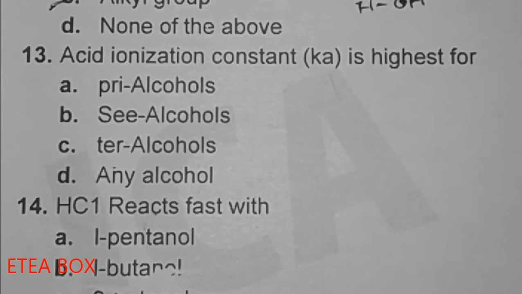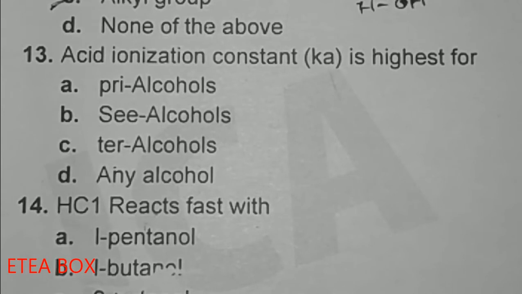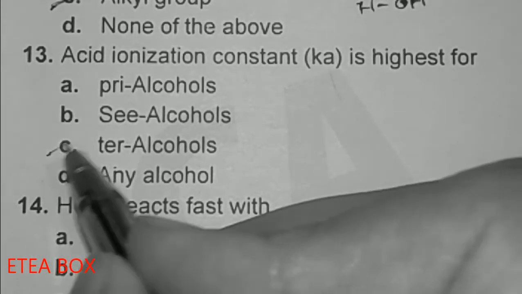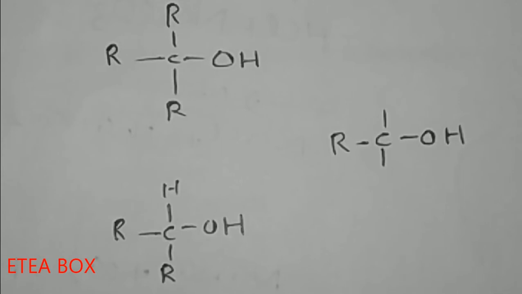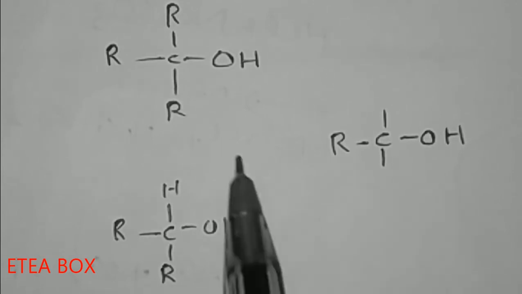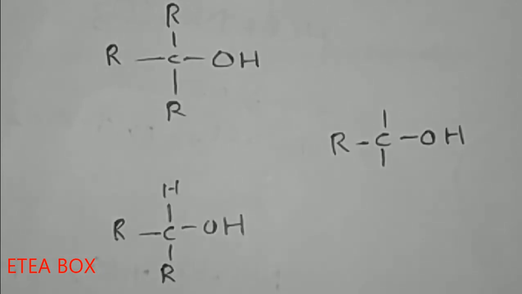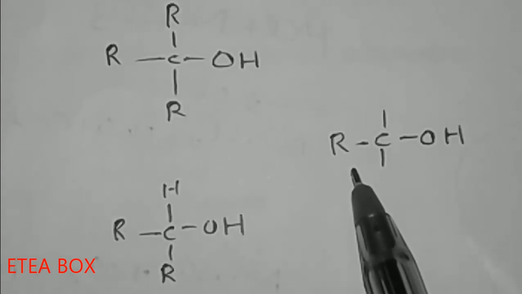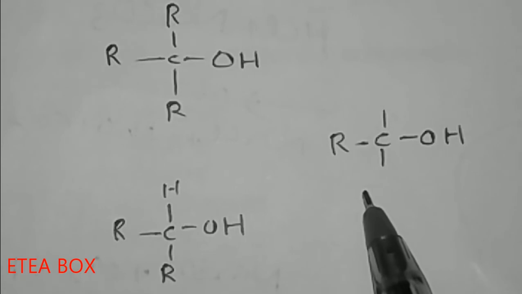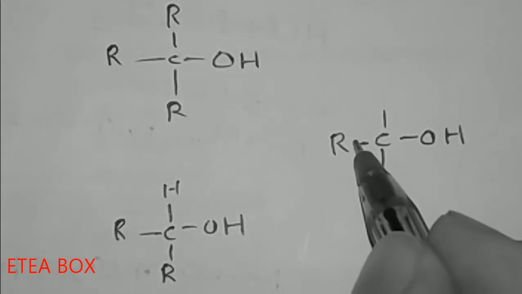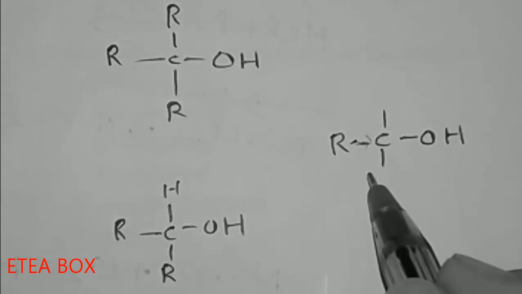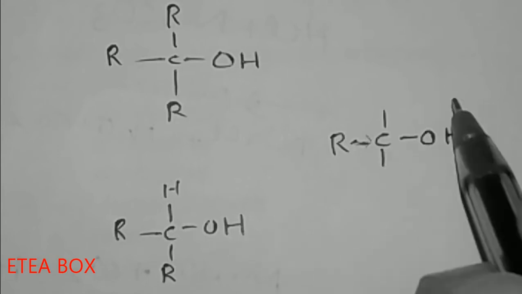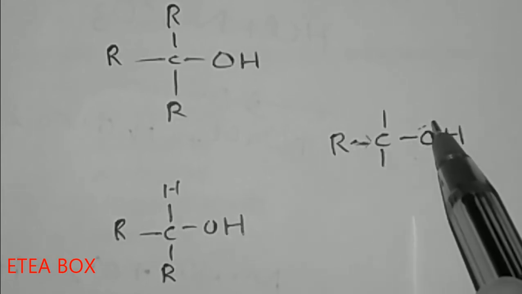The acid ionization constant Ka is highest for tertiary alcohol, okay. Option C is correct? Now look at here, this one is the primary alcohol, this one is secondary, and this one is tertiary. We know that greater the alkyl group, weaker will be the acid. This R group is the electron donating group, so the electron density around the oxygen increases.